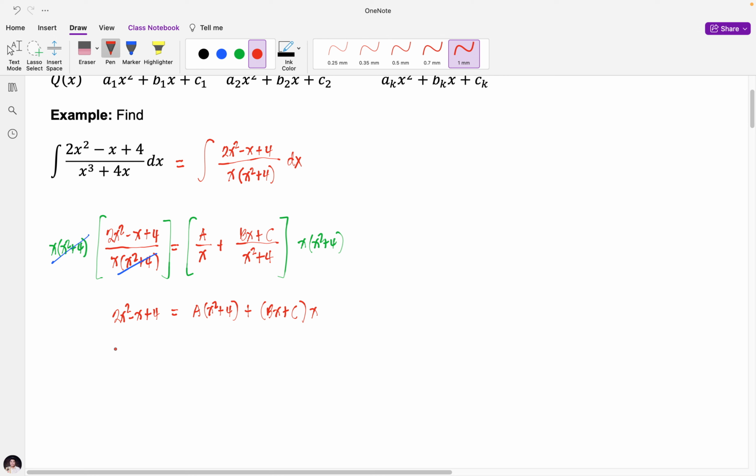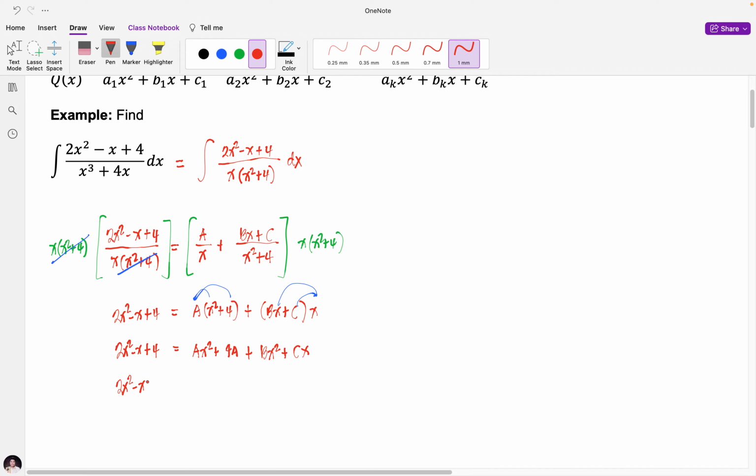We have 2x squared minus x plus 4 equal to, you distribute A to both x squared and 4, so we have Ax squared plus 4A. Then you distribute x to both Bx and C, so we have Bx squared plus Cx.